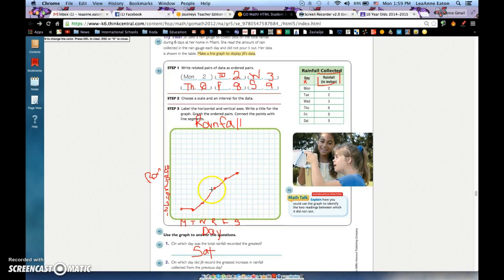We can look at our graph and we can see this is going by 1, this is going by 2, this is going by 1, 2, 3, this is going by 2, and that's going by none. So here's our greatest right here. And so that's between Wednesday and Thursday.